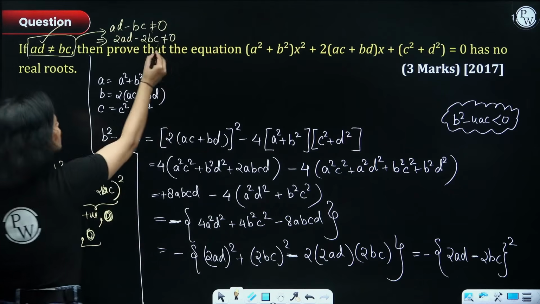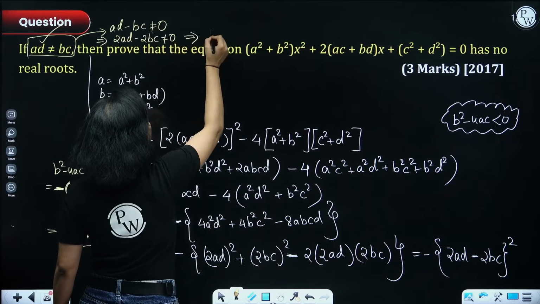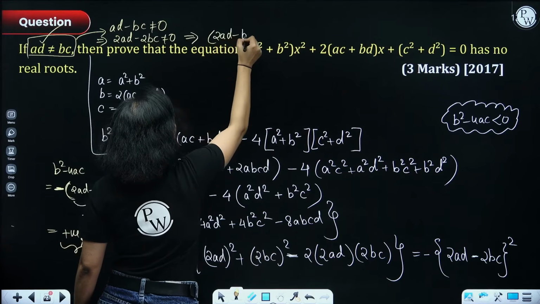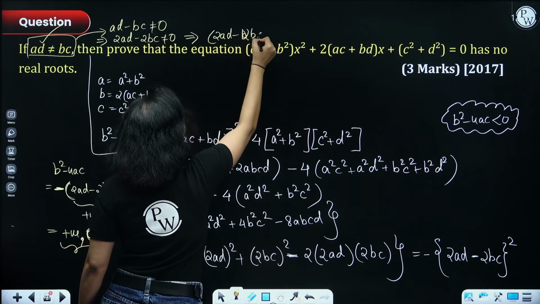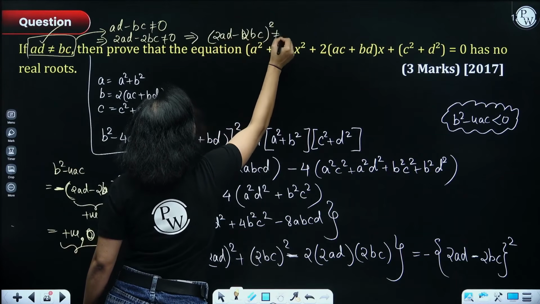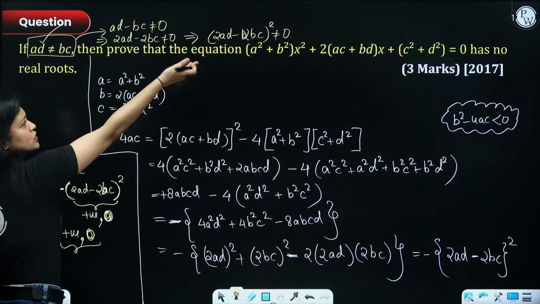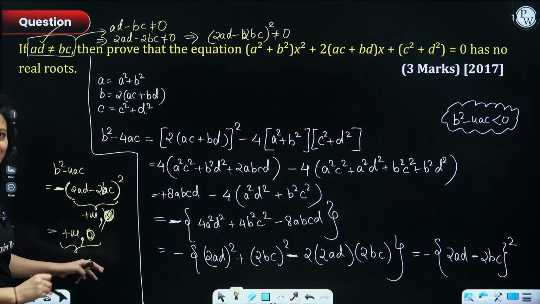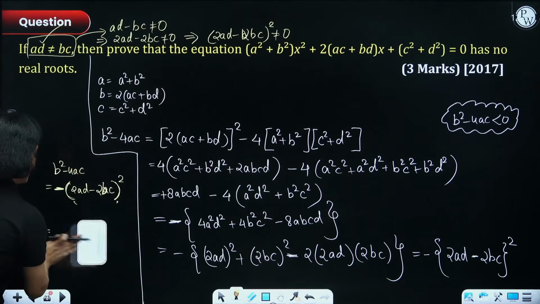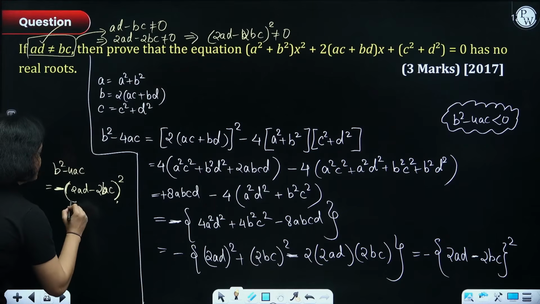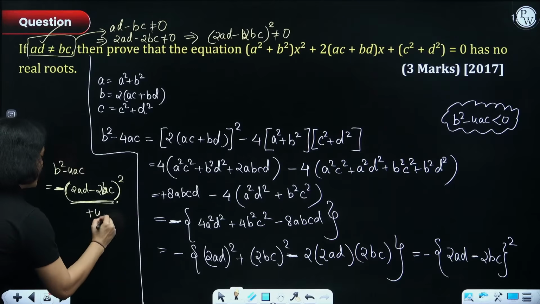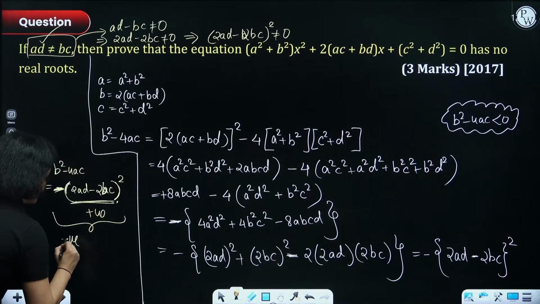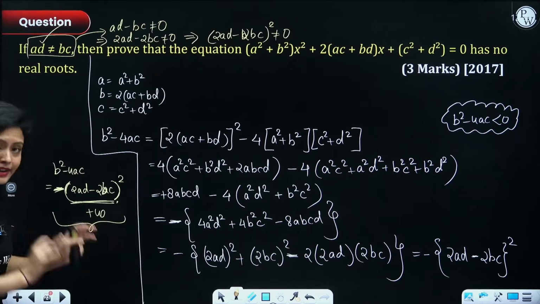So if this is not equal to 0, then its square will also not be equal to 0. Yes or no? If this is not equal to 0, its square is not equal to 0, so the 0 part is gone. That means the only thing remaining is that this thing would be positive and this entire thing, since you have a negative sign here, would be negative. I wrote positive there, sorry, my mistake.